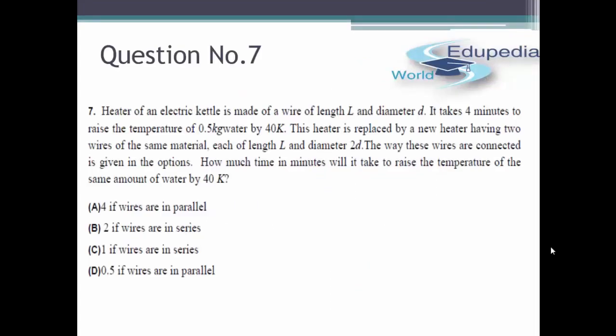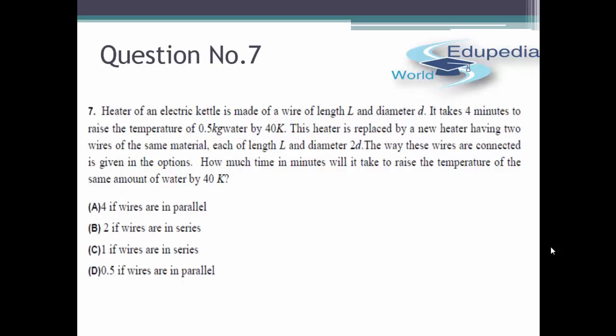We are given that the heater of an electric kettle is made of a wire of length L and diameter D. It takes 4 minutes to raise the temperature of 0.5 kg by 40 Kelvin. And then you replace the heater by another heater having wires of length L and diameter 2D.